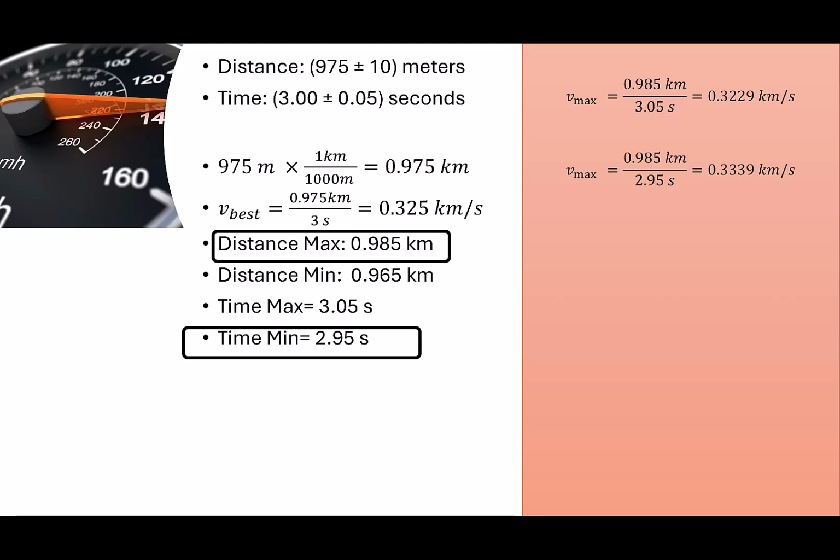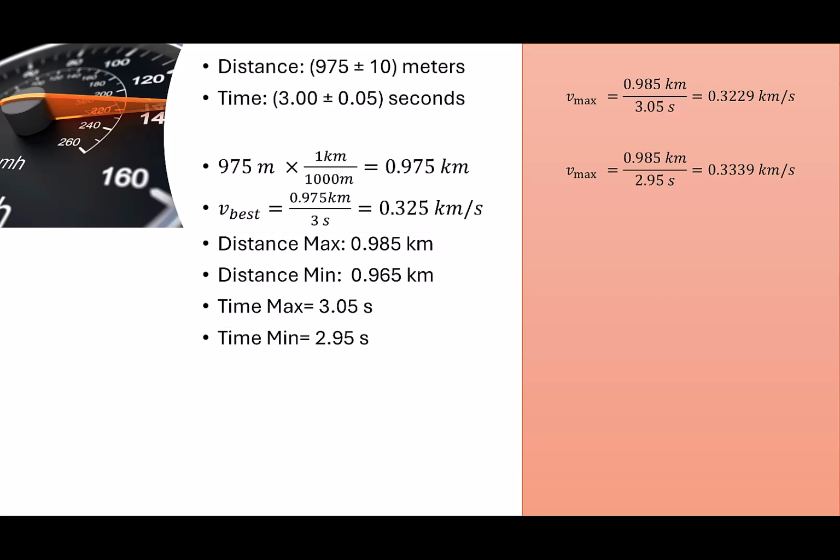When we divide 0.985 kilometers by 2.95 seconds, we get 0.3339 kilometers per second, which is bigger than our original calculation. What I want you to think about is that when we divide by a smaller number, we get a bigger quotient. So to find our max, we will divide the big number by the little number. In this situation, we want to divide the largest distance by the smallest time.